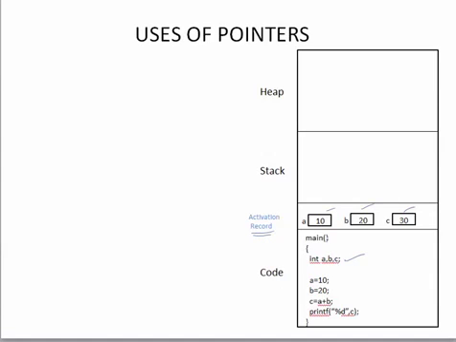The important point I have to discuss here is that this memory in the stack is directly accessible by the program. Suppose the address of this location is 500 and this is 502 or 504, then this A will be replaced by 500, and instead of B, it will be using the address 502, and so on.